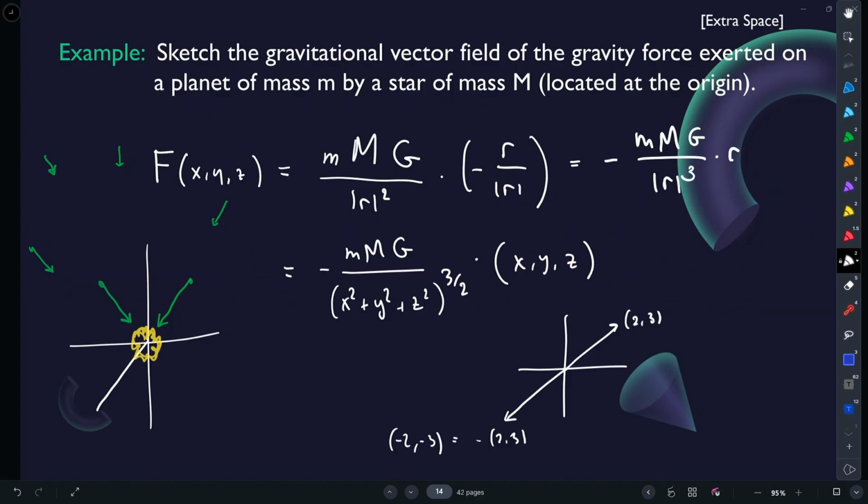So what does multiplying it by this do? This vector has length the square root of 4 squared plus 3 squared. But I want it to be of a certain length. So I want my vector to be exactly of this magnitude, which is what Newton tells me, right?